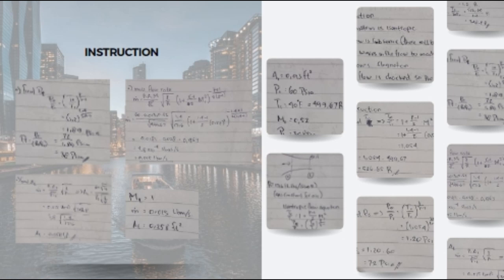So after we find the T throat and P throat, we have to find the mass flow rate.